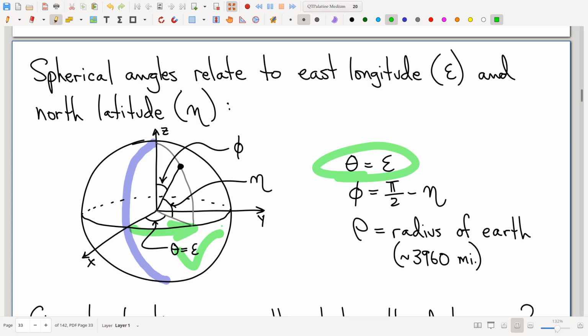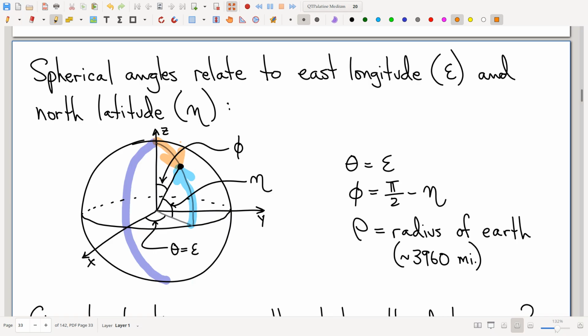Now there's a little bit less happy of an answer when you talk about latitude. North latitude is measured upward from the equator. That's not what phi is. Phi is measured, of course, downward from the z-axis.